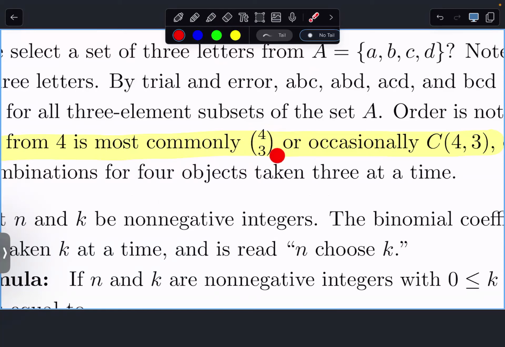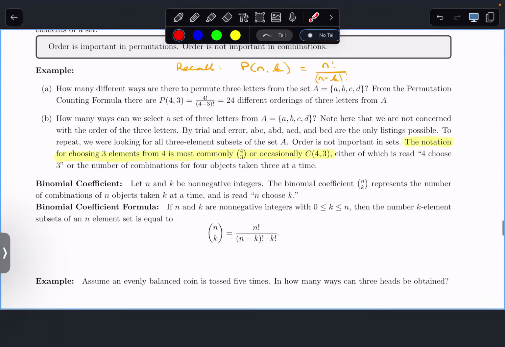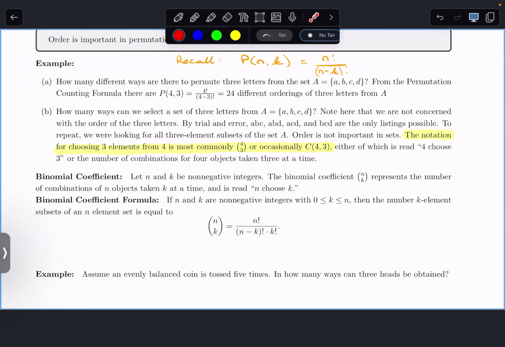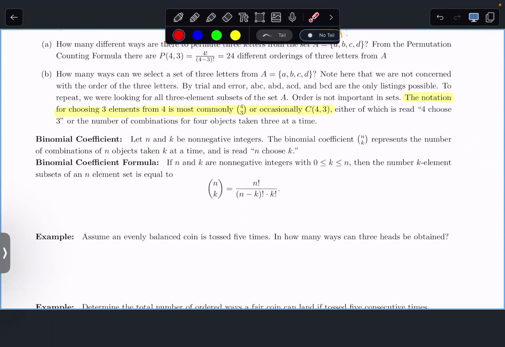So 4 choose 3, or sometimes we can use the same notation as P and K, you're going to read it as 4 choose 3, which is the number of combinations for 4 objects taken 3 at a time. So order doesn't matter, you're just taking 3 of these things.